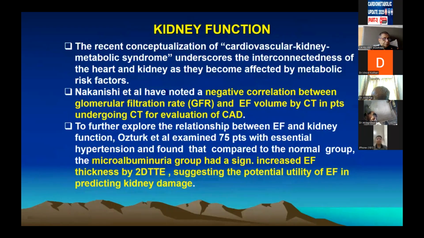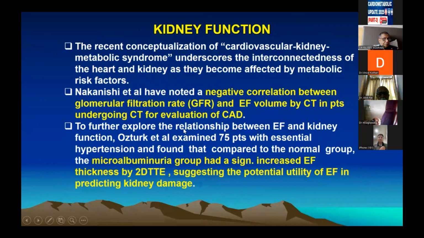What about the kidney function? The recent conceptualization of cardiovascular kidney metabolic syndrome underscores the interconnectedness of the heart and kidney as they become affected by metabolic risk factors. One of the investigators noted a negative correlation between glomerular filtration rate, GFR, and epicardial fat volume by CT in patients undergoing CT for evaluation of coronary artery disease.